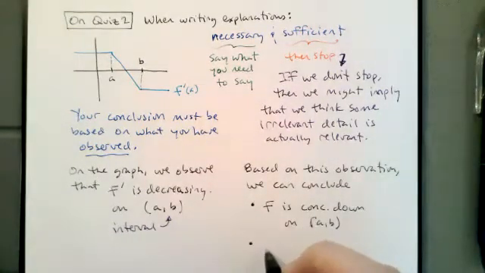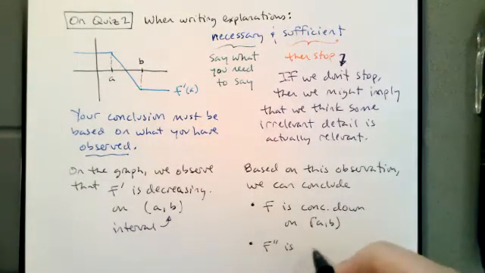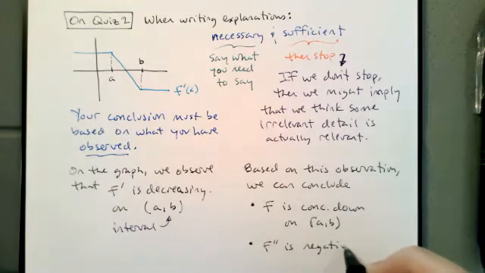And we can also conclude that f double prime is negative on the interval from a to b.